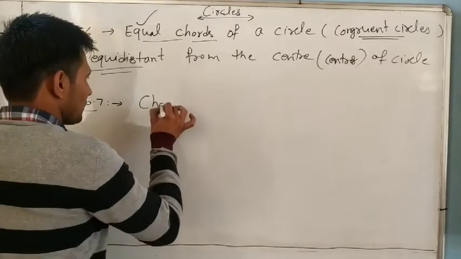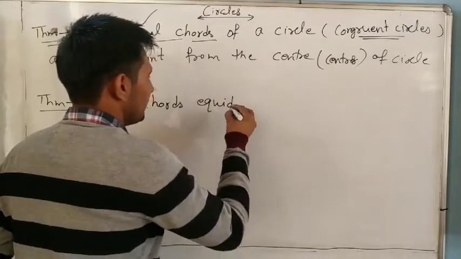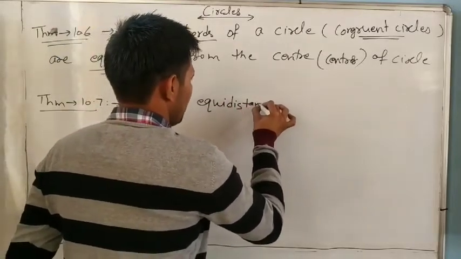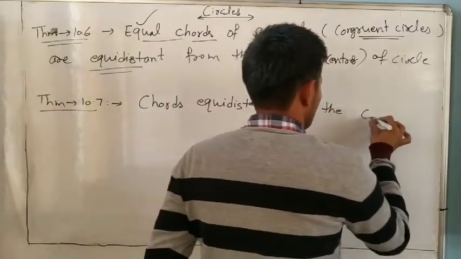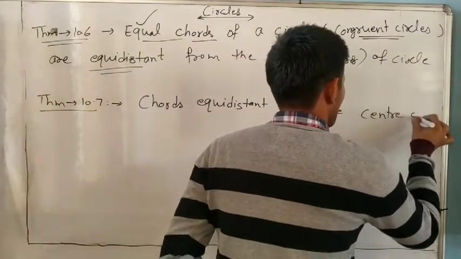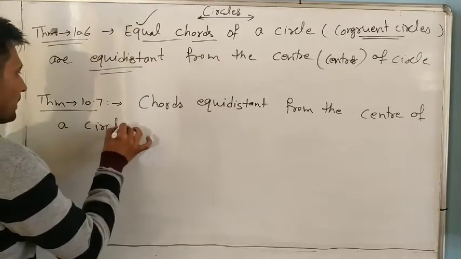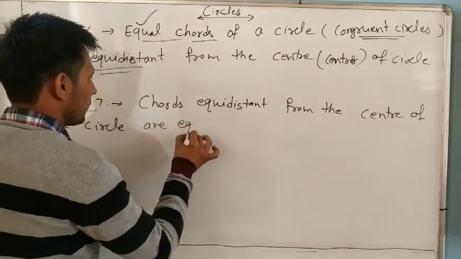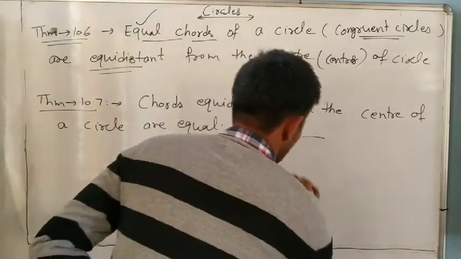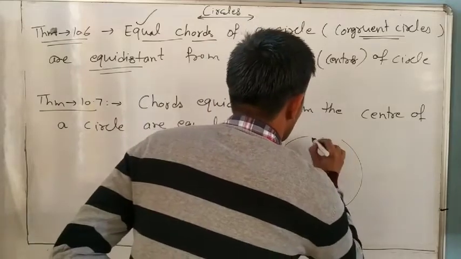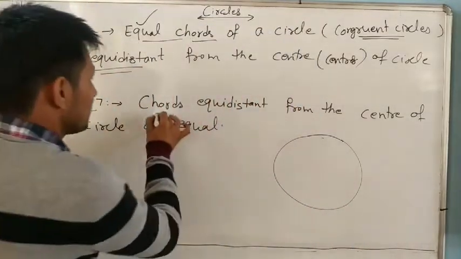Chords equidistant from the center of a circle are equal. What is he saying? He is saying in any circle, look at the chords.